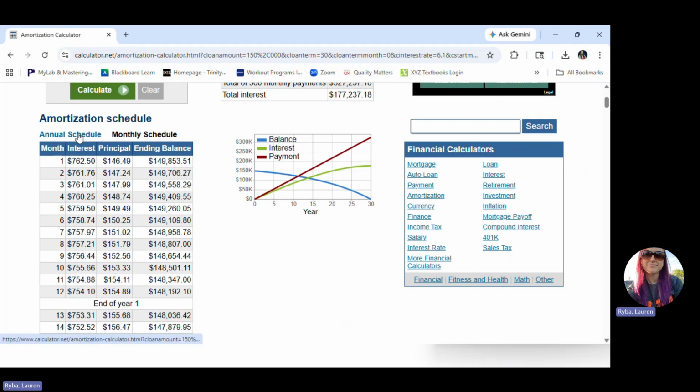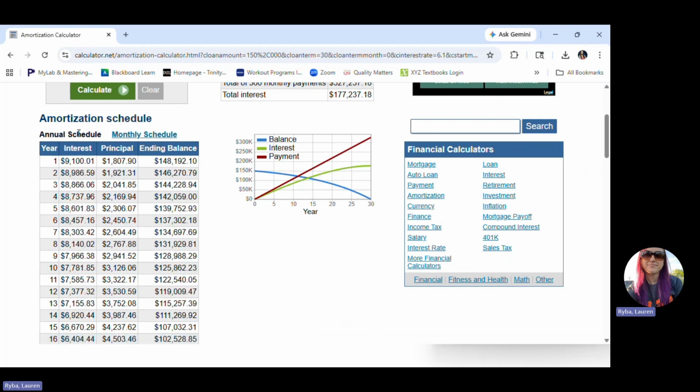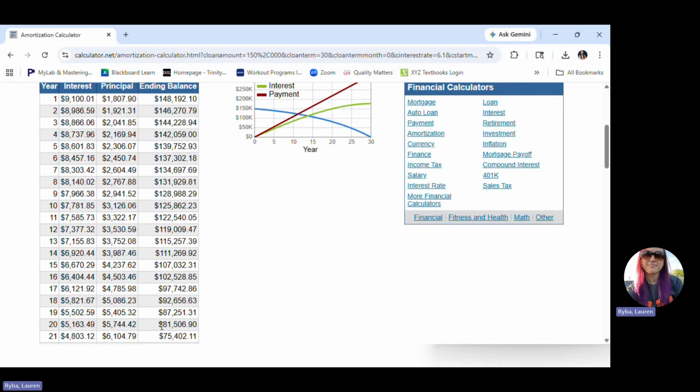It breaks it down by every month or every year. So it said, how much is the loan balance after 10 years? Well, that's right here. After year 10, here's my loan balance. If they want to know after 20 years, I go down to 20, here's my loan balance. So $81,506.90.